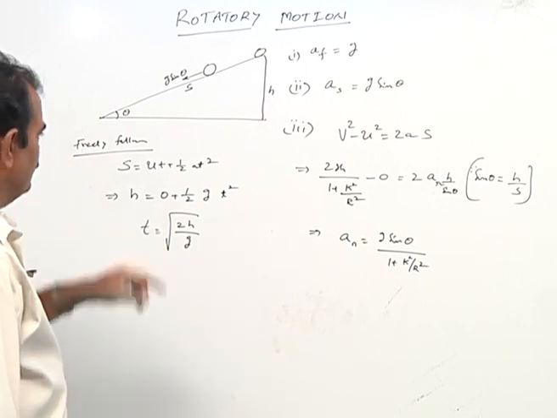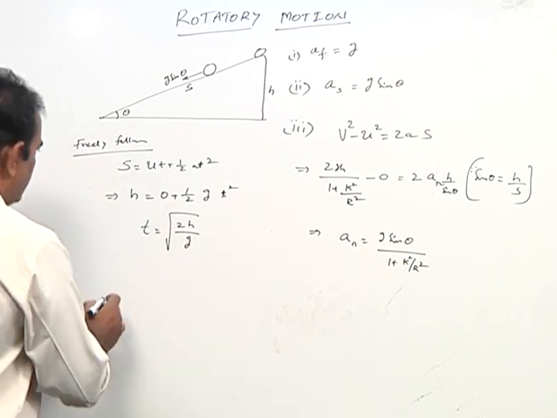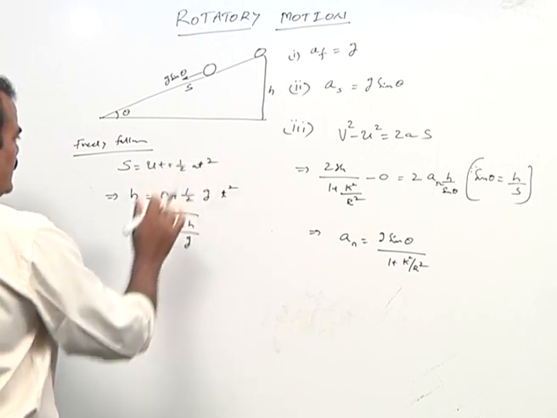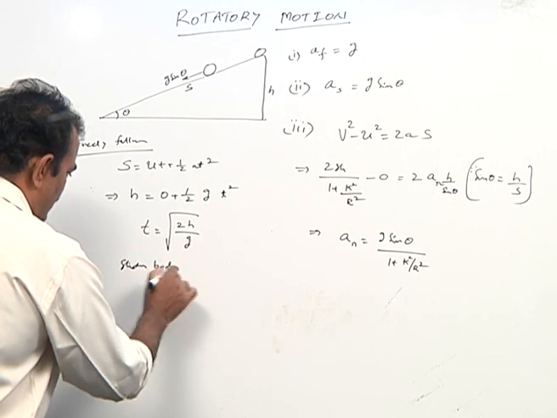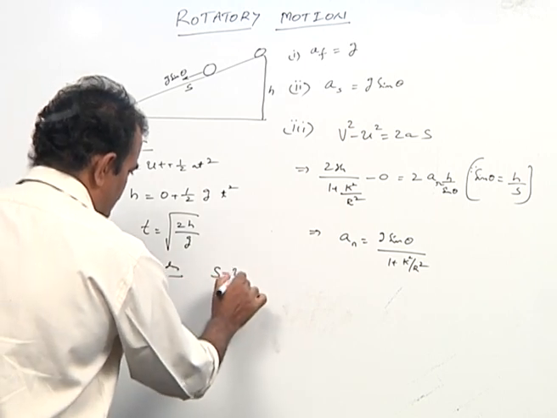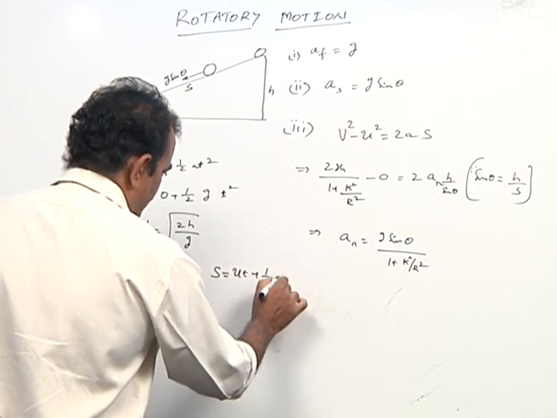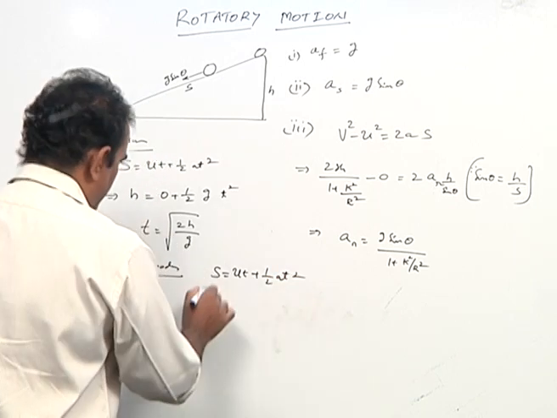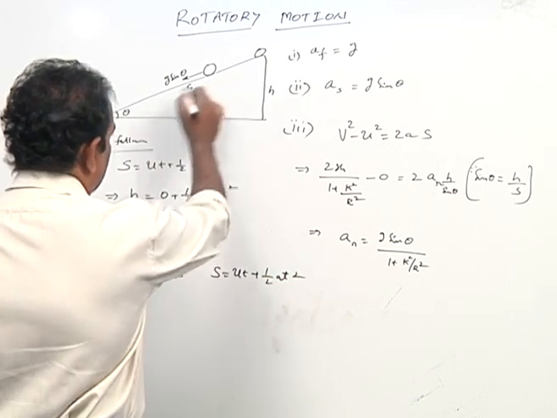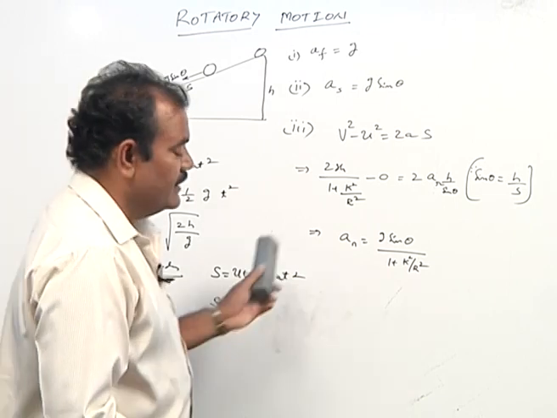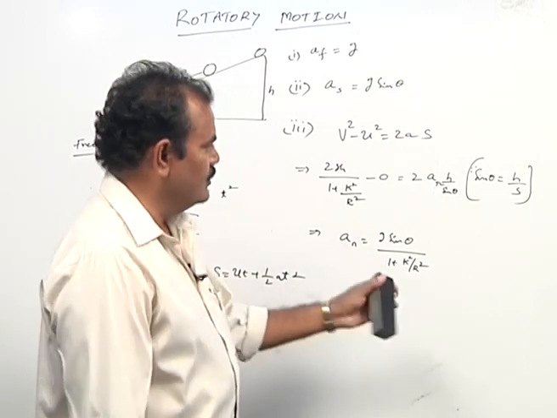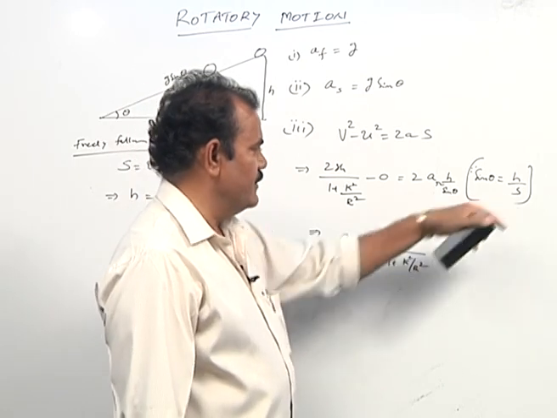Now we come to the sliding body, and for the sliding body again we take the same formula, S is equal to ut plus half at square. Here you have to convert the value of S in terms of h. Already we know that S can be replaced by h by sin theta.